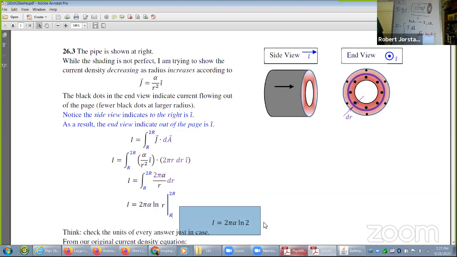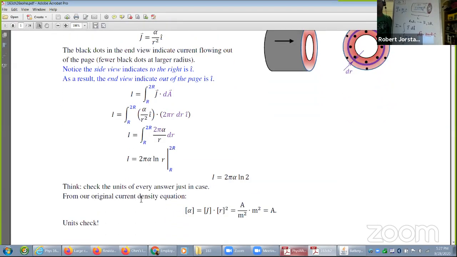Not too crazy. Wait a minute, check the units, right? Let's see how we would check the units. I go back to the original density equation, and I see that alpha has units of amps.